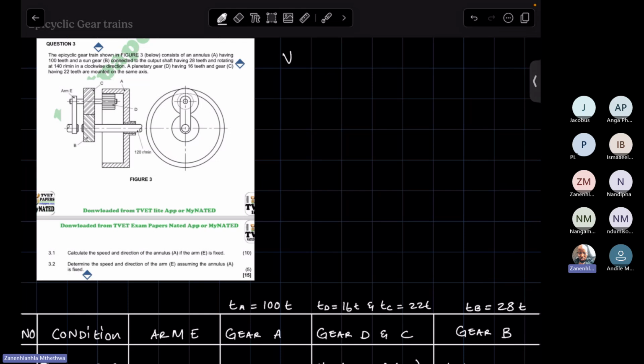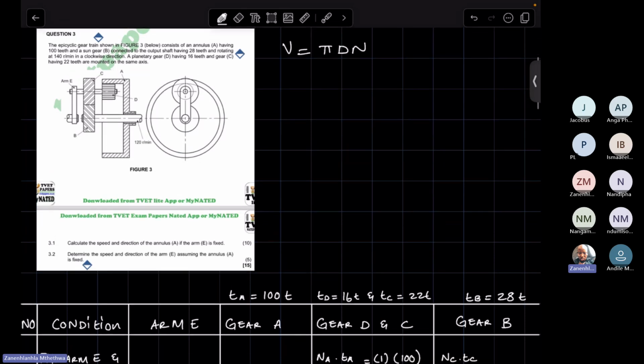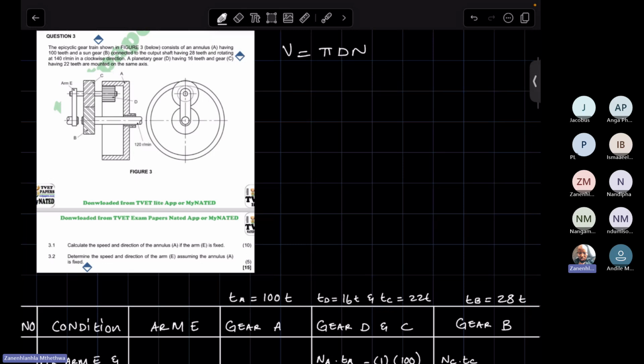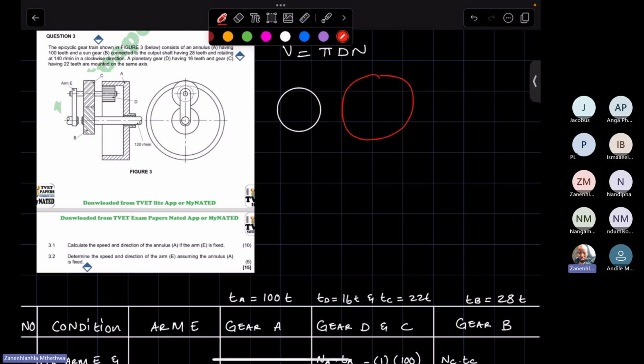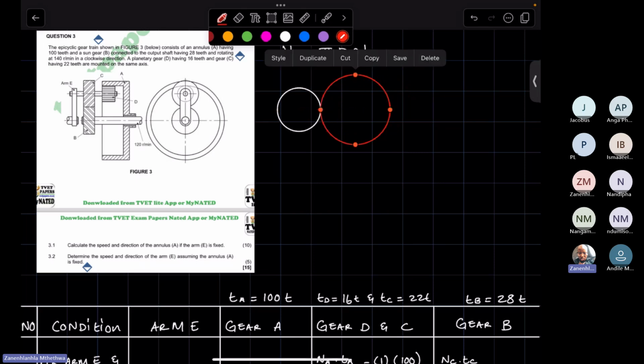A general formula for circumferential velocity is pi d n. Now, I'm sure I covered this with you, but just to remind you: if you have gears in mesh, this one is rotating clockwise, and this one is rotating anti-clockwise.